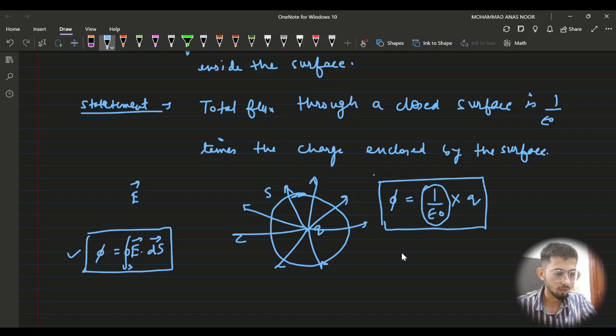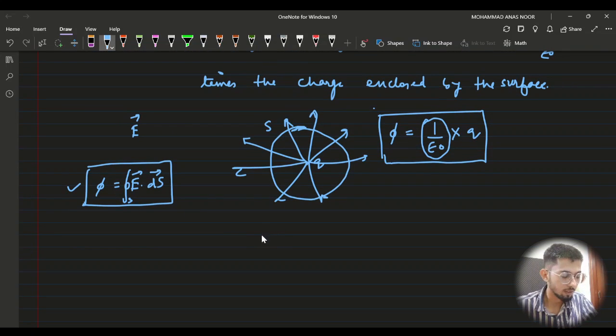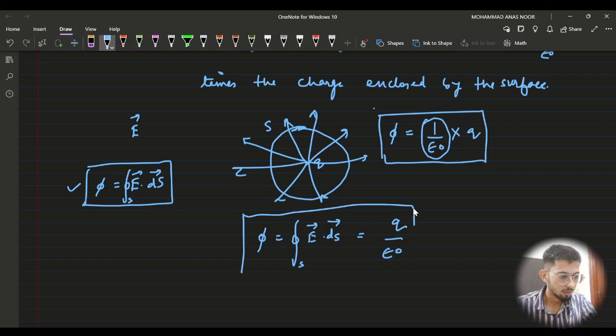So in other words, you can equate all of these three equations like this. Flux through a surface is given by integral over the surface S of E dot ds, which is also equal to q by epsilon naught, right? So this is the final result that we have.